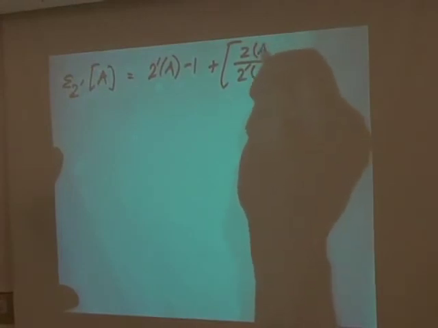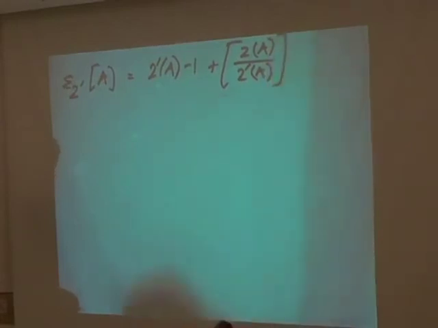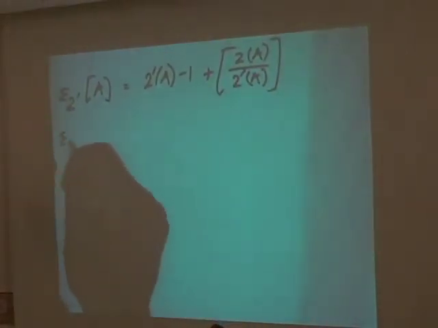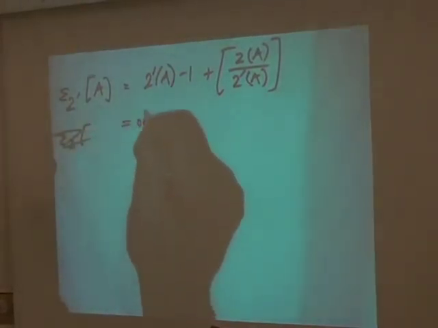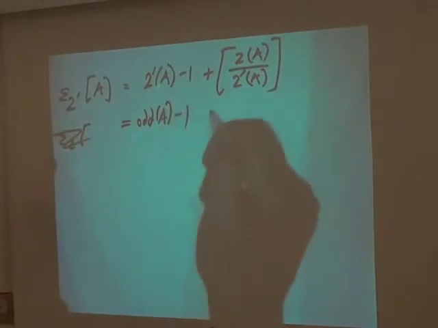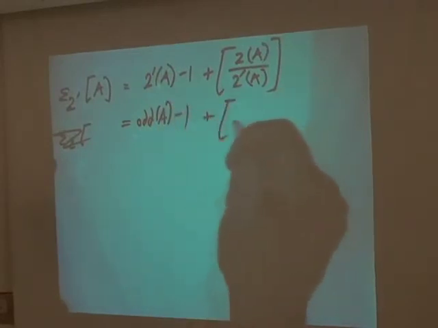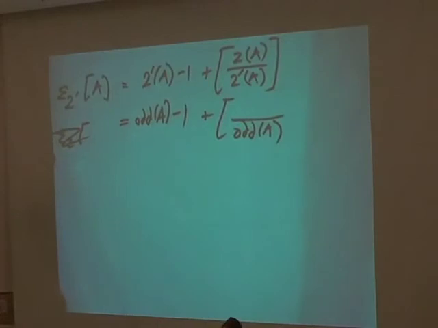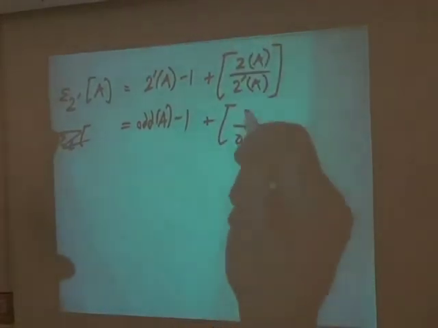The 2 part of A, Jacobi, that's the definition of epsilon 2 dashed. And so epsilon 2 of A, well, let me say this is the odd part of A minus 1 plus, now we've got the odd part of A. The Jacobi symbol is normally only defined when the denominator is an odd number, and then the 2 part of A.